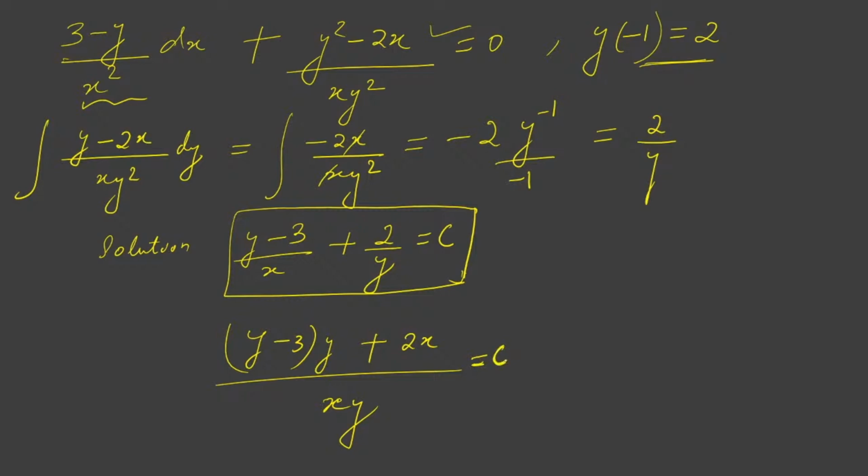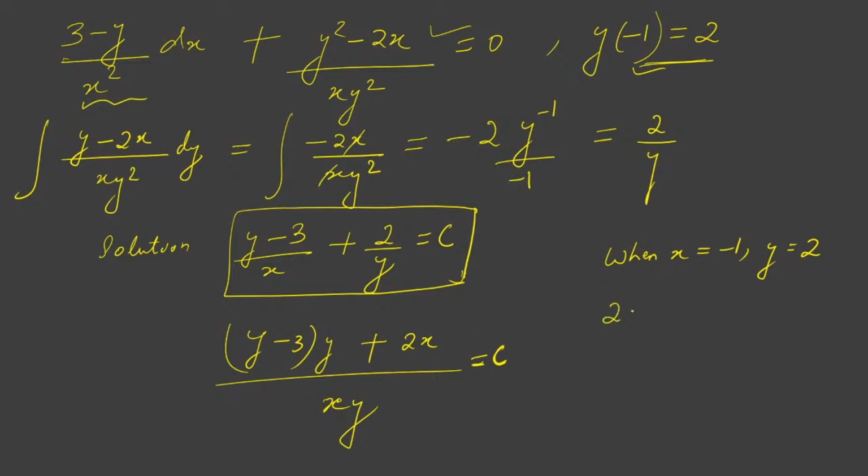We can rearrange this equation. So what is given here? When x is equal to minus 1, y is equal to 2. So let us put the value of x here and y here.